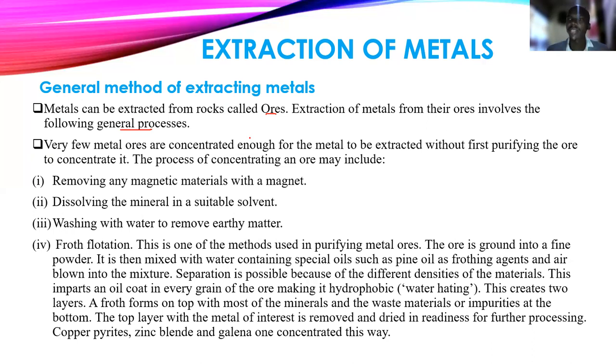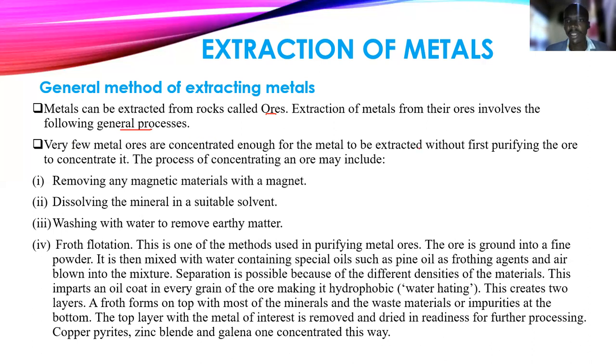There are some ores where, if you want to extract the metal, you first concentrate them. We have different types of concentration; flotation is one of them. We'll discuss that because you can also be asked to describe what is called froth flotation.